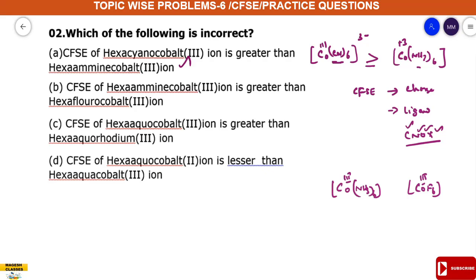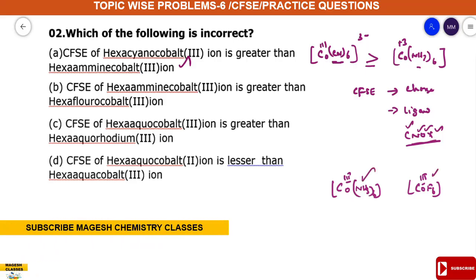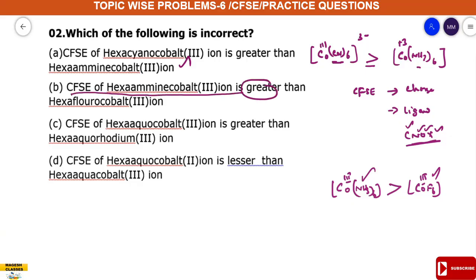The ligand follows the spectrochemical series like this, CNOX: carbon, nitrogen, oxygen, halide. So nitrogen is there, and here the halogen is there. So the CFSE of this complex is greater. So the second option is a correct statement.